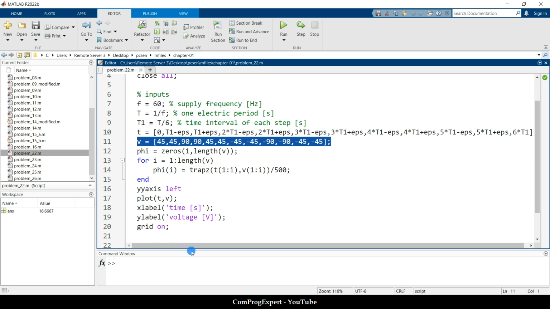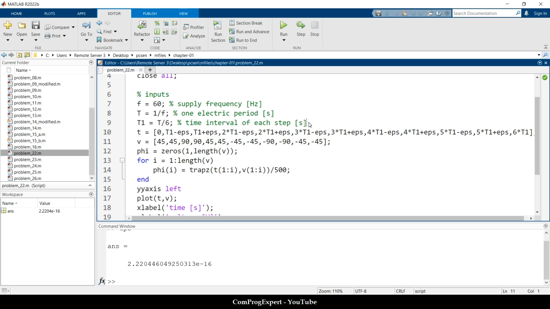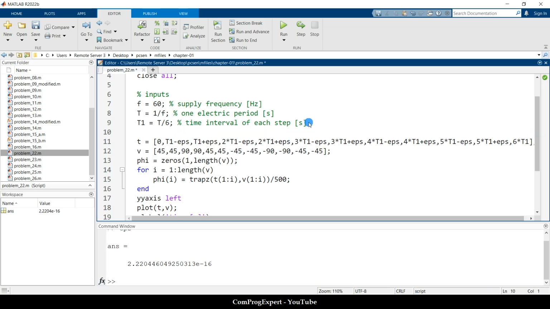Here in MATLAB, we have this variable epsilon, a very low number, or you can specify it yourself, for example 1e minus 2.